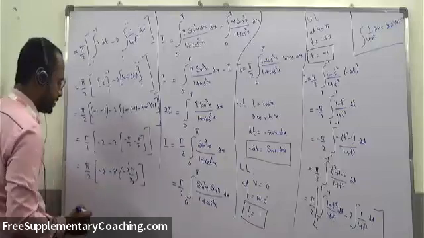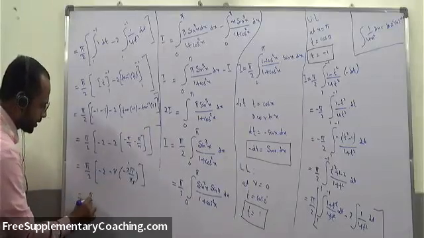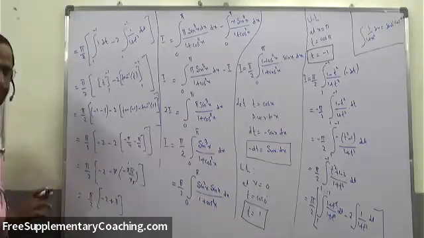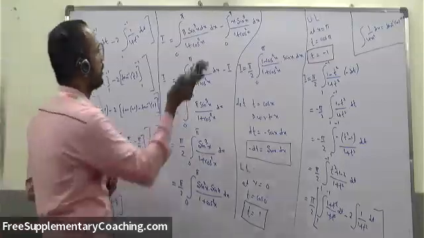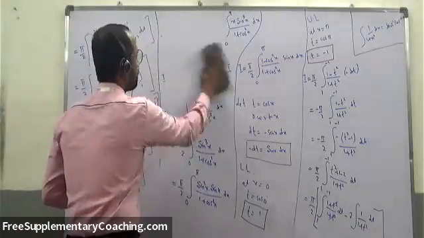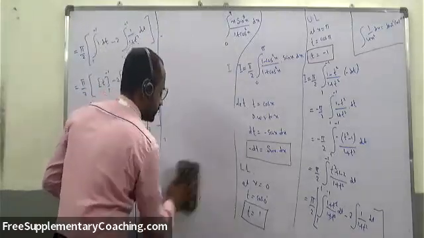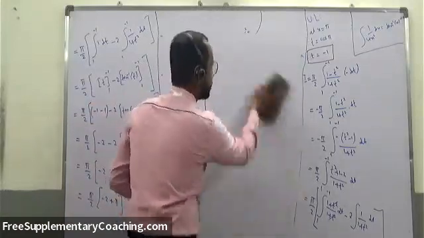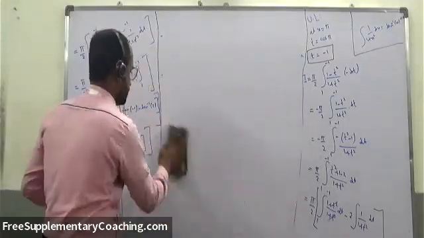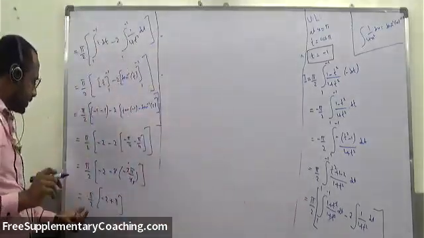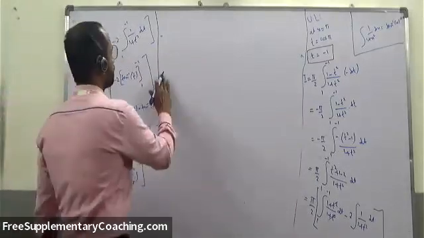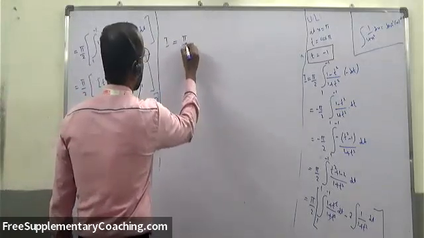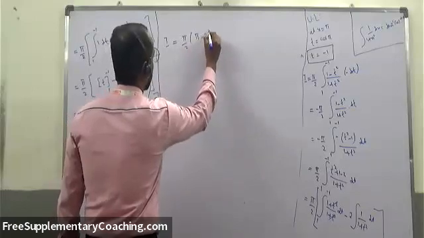Minus into minus becomes plus. So you can write this as pi by 2 into minus 2 plus pi. Therefore, finally I can write I is equal to pi by 2 into pi minus 2.